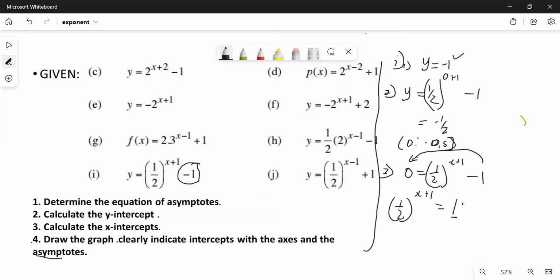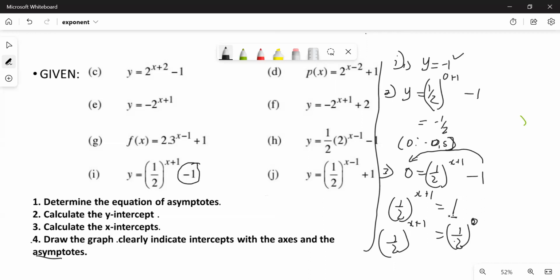Now from here onwards, you want to make the bases the same. The bases are not the same. You can make the bases the same by doing the following. You can say, let's raise this to the power of 1 all over 2 to the power of 0. Any number to the power of 0 is going to give you 1. So you're going to have 1 all over 2 to the power of x plus 1, which is going to be 1 all over 2 to the power of 0.